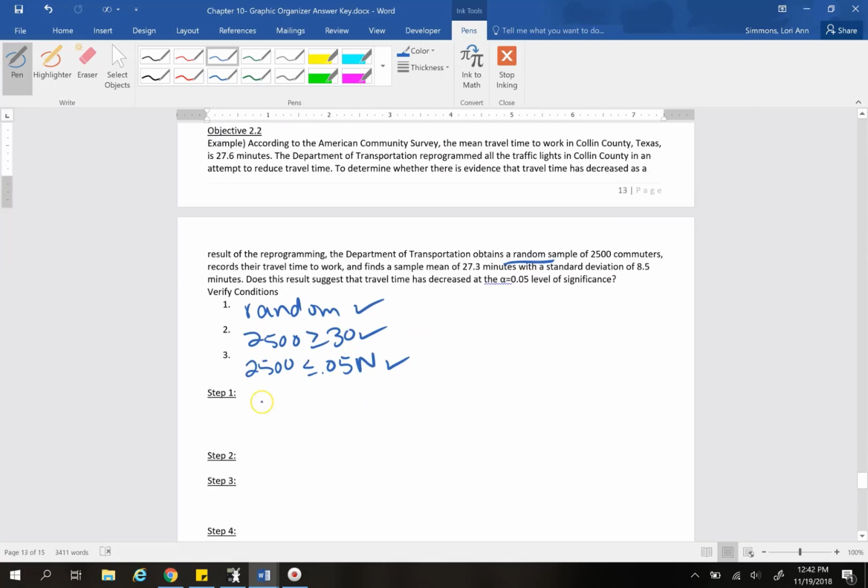Step 1. Determine your null and alternative hypothesis. Again, we're working with mu. If you're not sure what number you're going to use, remember, this number is not going to be from the sample. So 27.3 and 8.5 is from the sample.